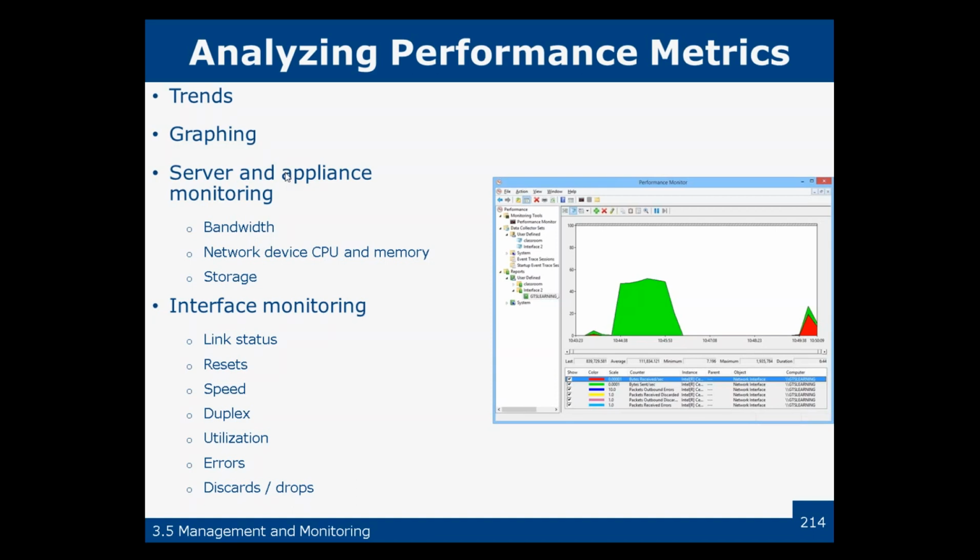How much memory is being used? Do we have a memory leak? A memory leak is when an application starts, it uses memory. When an application closes, it's supposed to give that memory back. If it's not given the memory back, it has what's called a memory leak, and it keeps taking it out of the memory pool. Storage.